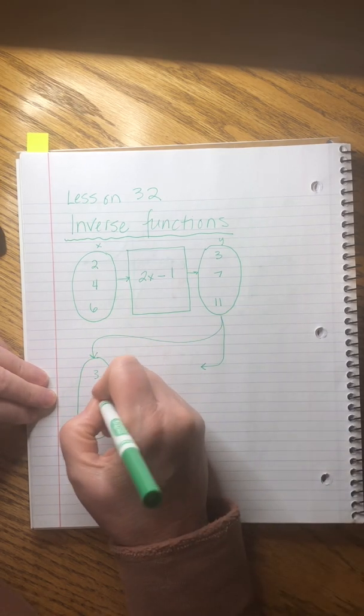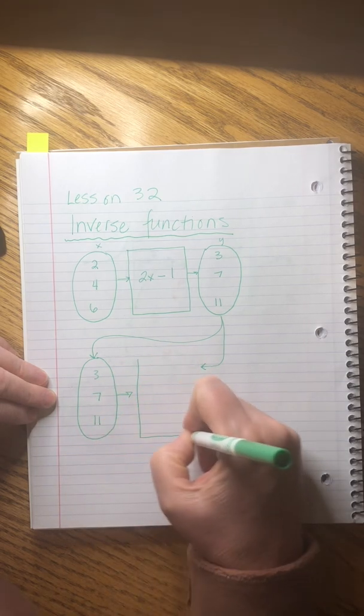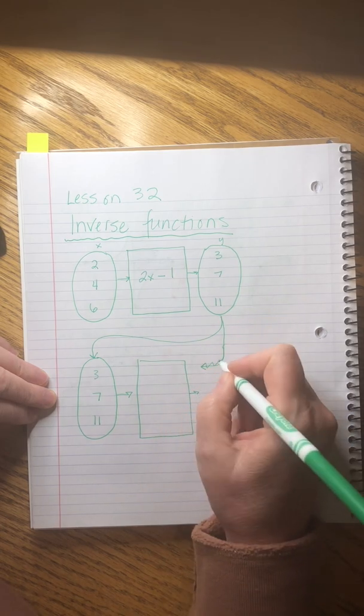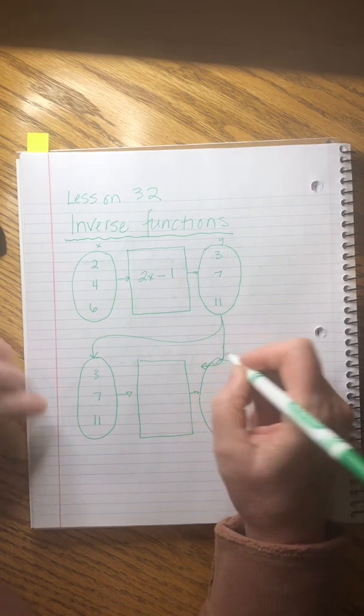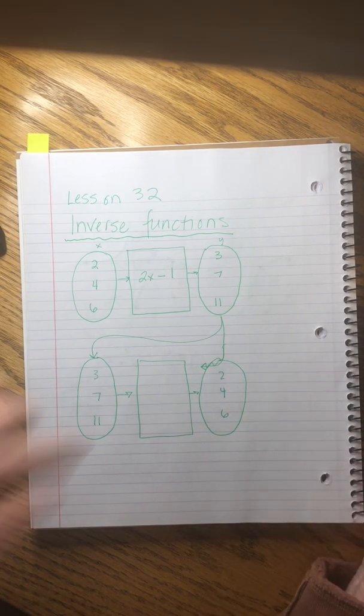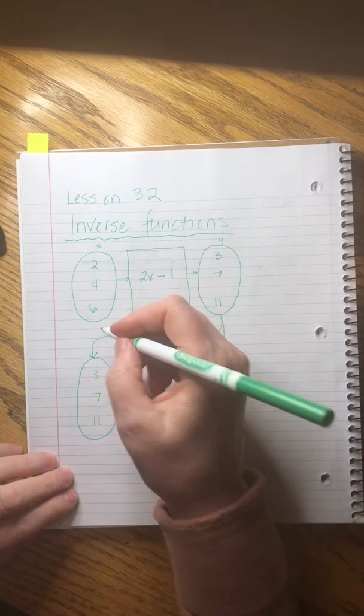We want to be able to put in 3, 7, 11, and we want to get out 2, 4, and 6.